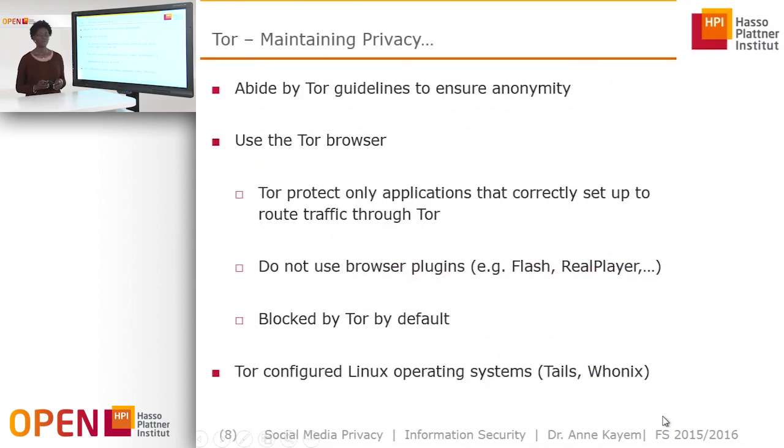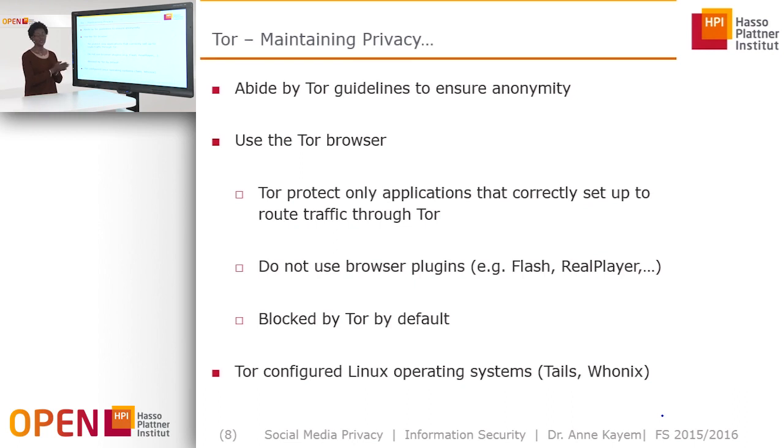Okay. In order to maintain privacy on Tor, you need to do things in the right way, right? So you need to abide by the guidelines of Tor in order to ensure that you're browsing anonymously. You need to make sure, for example, that you're using the Tor browser, and you need to be aware that Tor is only going to protect applications or web traffic that you have configured correctly to work with Tor.